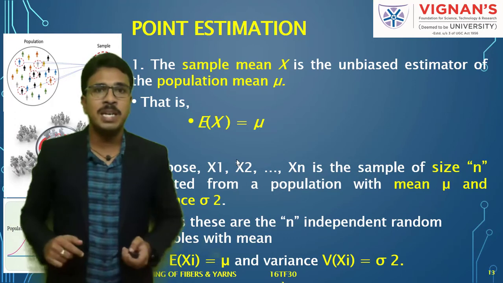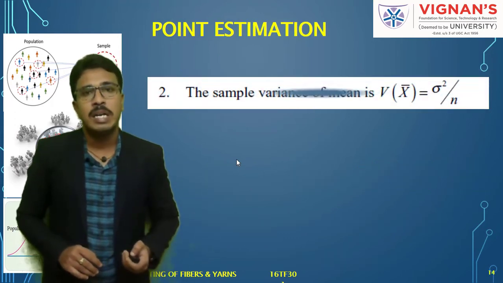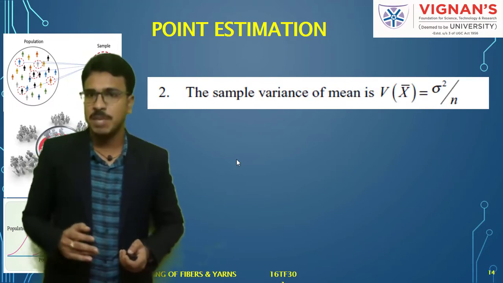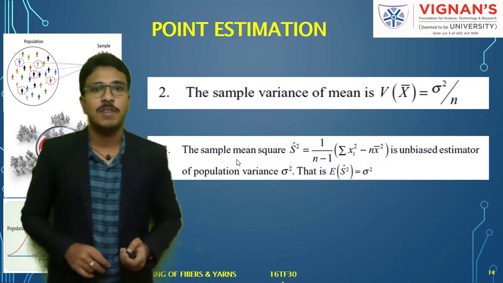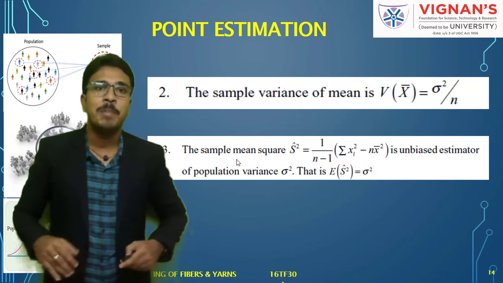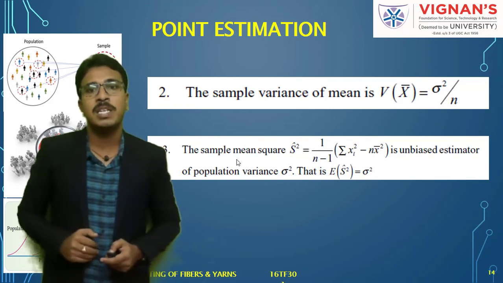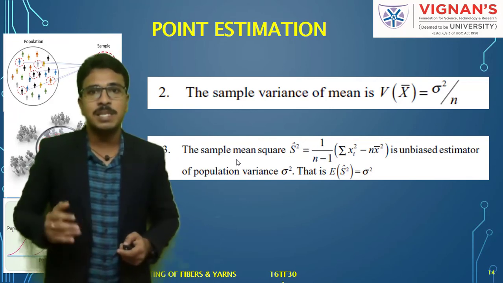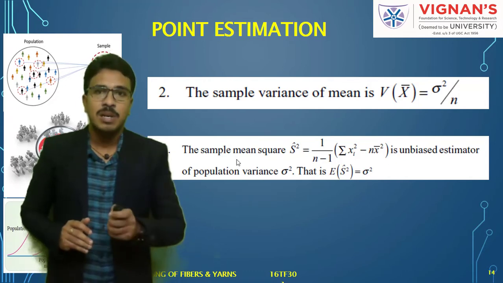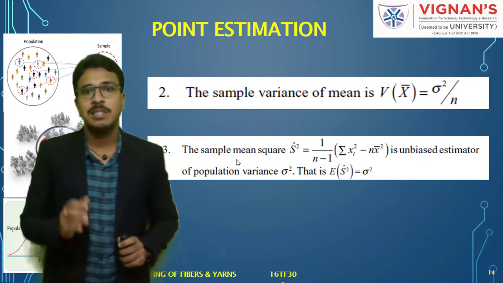The sample mean is the estimator of the population mean, and in the same way, if you want to estimate the variance of the sample mean, that is V of x bar equal to sigma square by n, you can use this formula. And if you want to find the sample variance, that is capital S square, it is equal to 1 by n minus 1 multiplied by the sum of xi square minus n times x bar square. This is the unbiased estimator of the population variance sigma square.